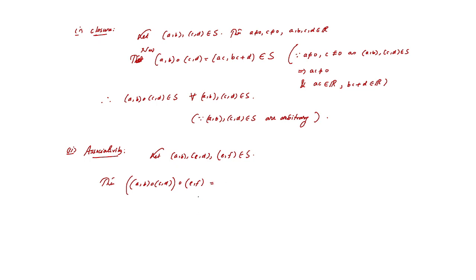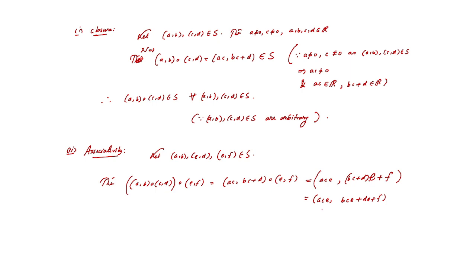By the definition of the composition, that will be (ac, bc + d) ∘ (e, f), and that will be (ace, (bc + d)e + f). So it will be (ace, bce + de + f).